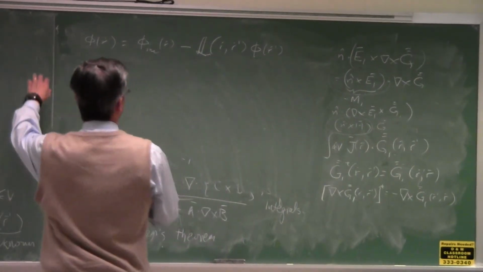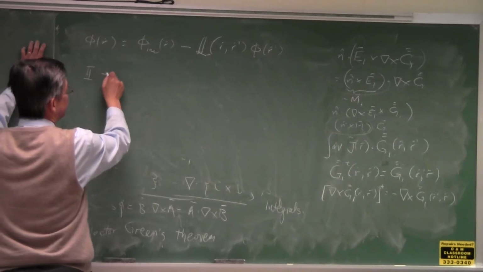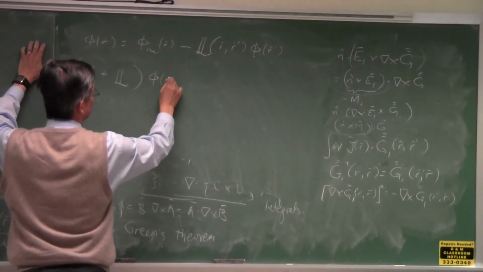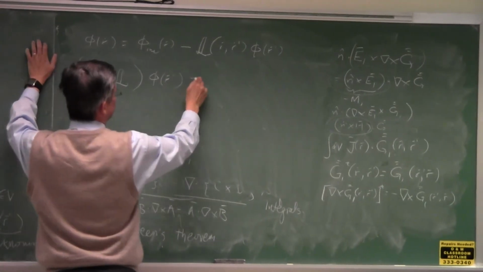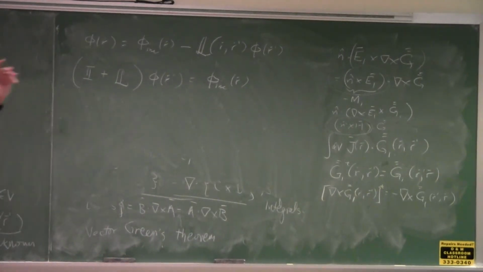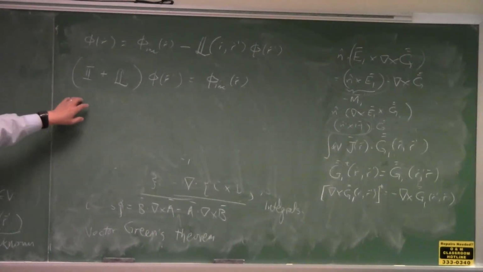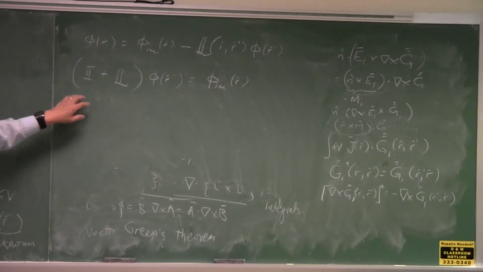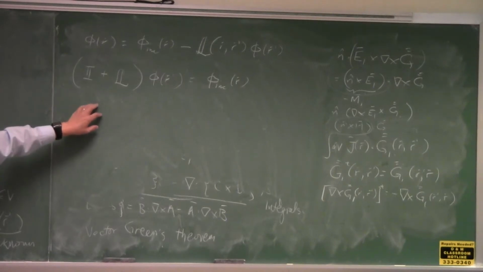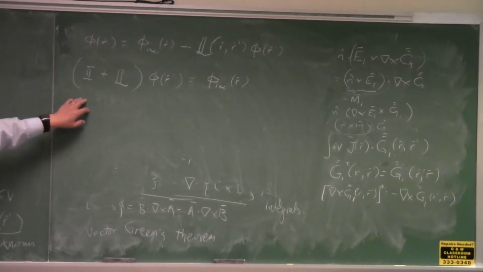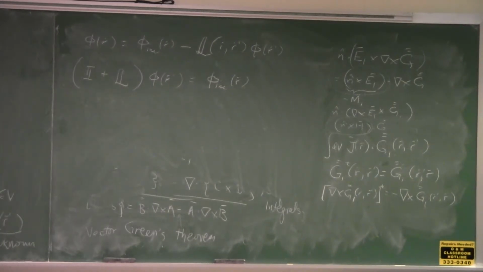And then you can rewrite this as identity operator plus L times phi of r prime is equal to phi incident of r. This is a linear operator equation. You can use the subspace projection method, use basis functions, expansion and testing functions, convert this into a matrix system, and solve the matrix system. These are things that we have learned in chapter 5. And then you have a set of matrix equations to solve.